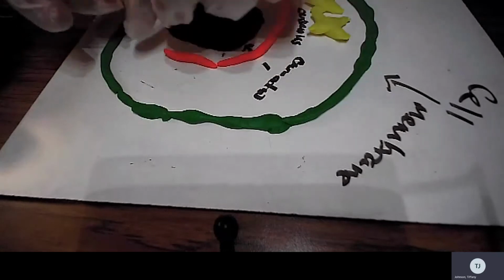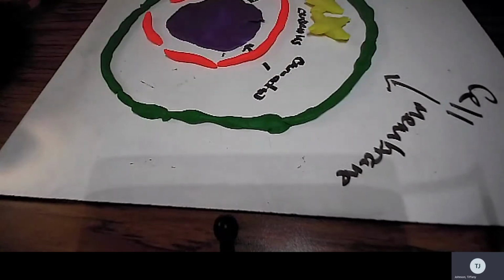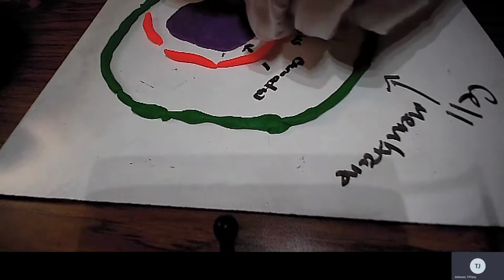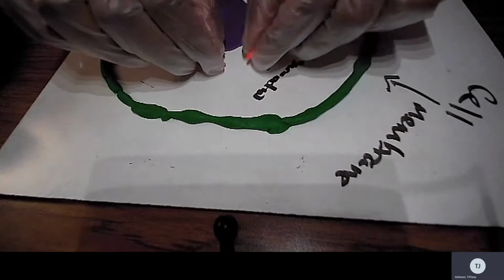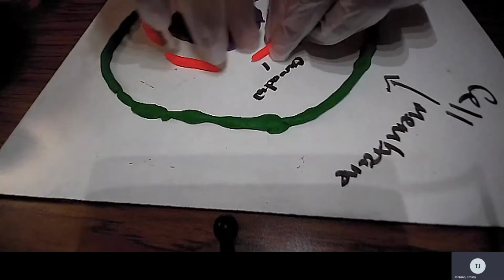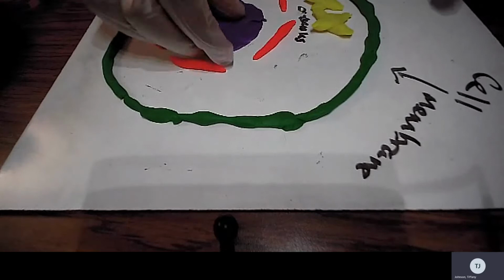The nuclear membrane starts to break apart. So break up your nuclear membrane. Now the chromatin looks like double-stranded chromosomes.